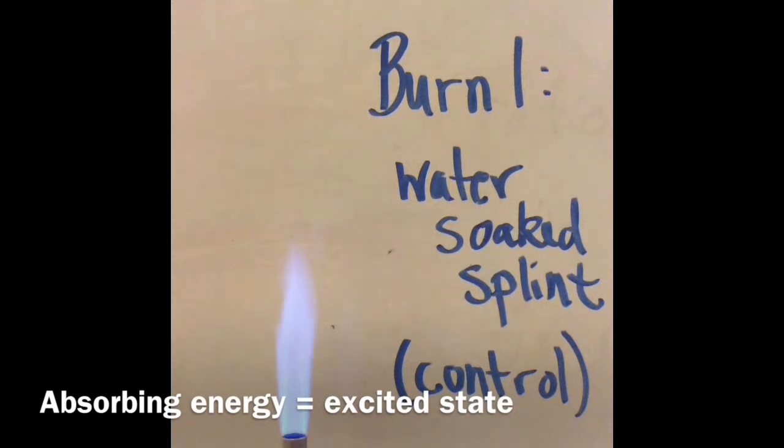So what we are going to be doing is burning things. Actually, I'm going to be burning things in the seclusion of C201. Then you're going to write down what you see, your observations, and then we're going to see if we can assess which of these metals might have the most energetic electrons.